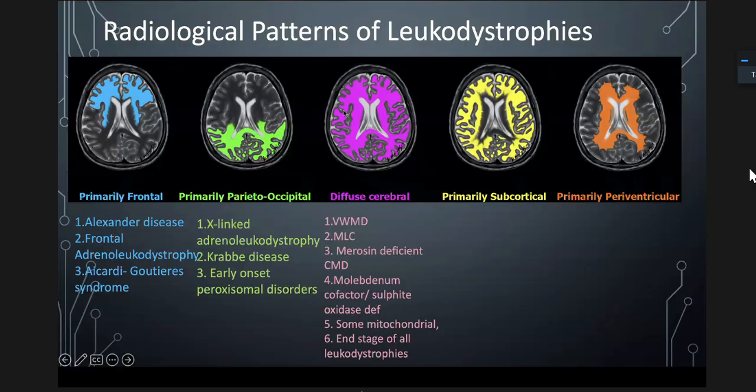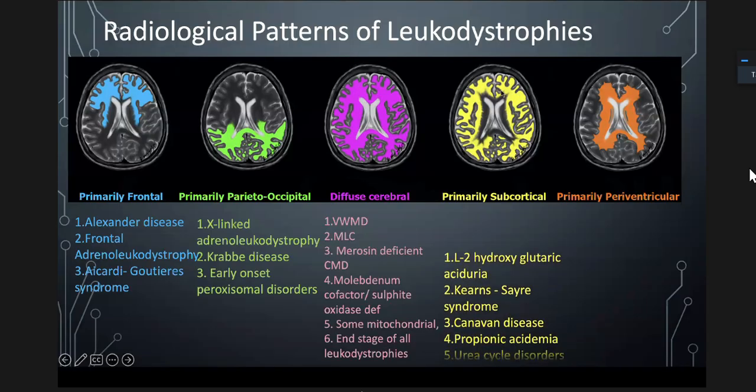So diffuse cerebral involvement. Here the prototype is vanishing white matter disease and MLC, which is megalencephalic leukodystrophy with cyst formation. I will go through each of them, but just remember the prototype, so it will be easier for us to understand. And remember, the end stage of almost all leukodystrophies will be diffuse white matter involvement.